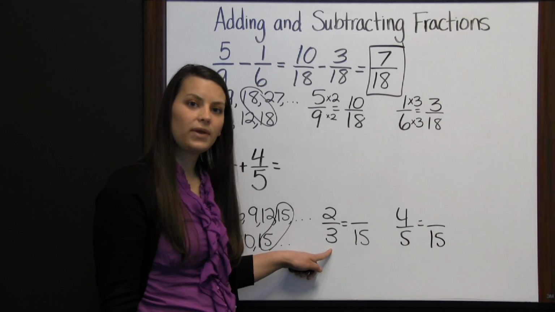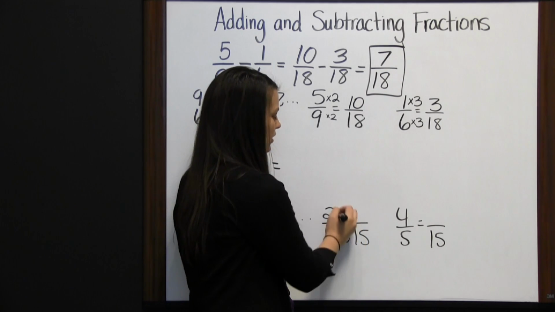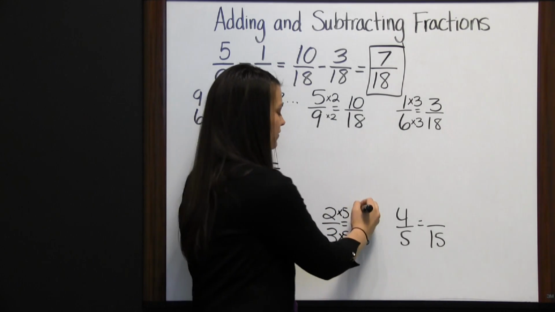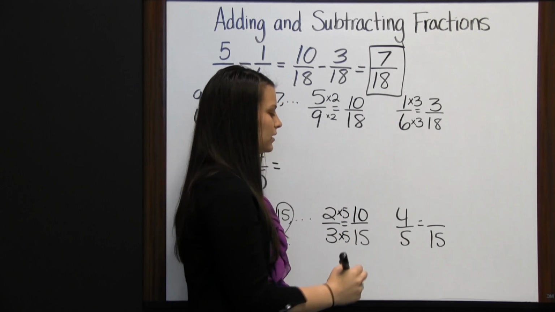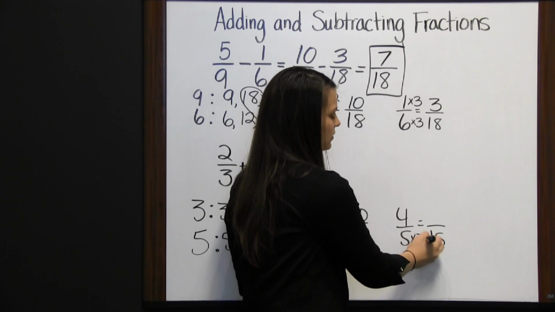So to get from 3 to 15, we have to multiply times 5. So we need to do the same to our numerator. 2 times 5 is 10. To get from 5 to 15, we have to multiply 5 times 3.